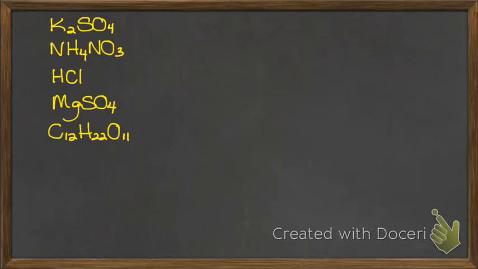Remember, we're looking at how many particles these solutes break down into. So potassium sulfate, remember, polyatomics stay together as one unit. That's 3 pieces. Ammonium nitrate. There's 1 ammonium, 1 nitrate. That's 2 pieces. HCl is an acid. We're going to talk about that in our next lesson.